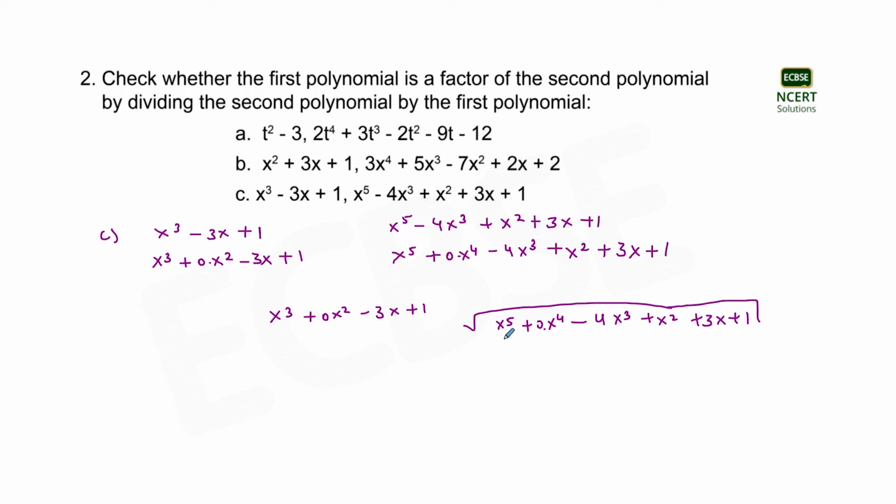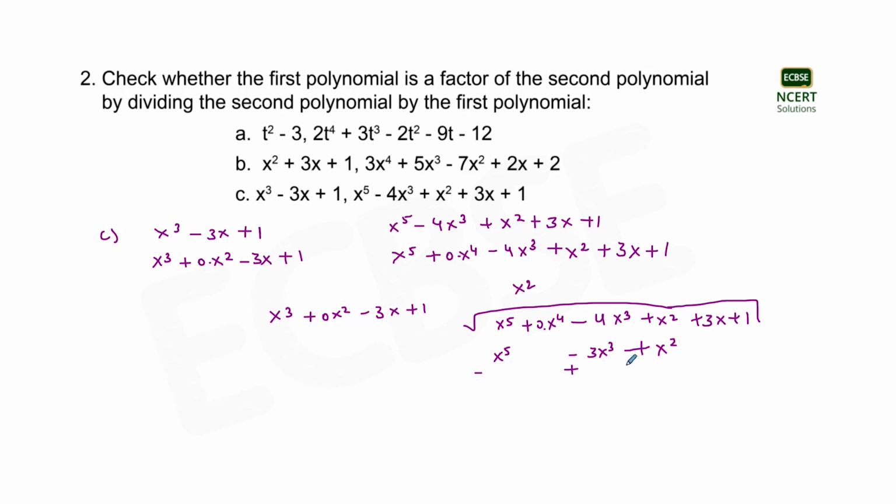So now dividing the first term of the dividend with the first term of the divisor, we will obtain x square, and on multiplying x square with the divisor, we will obtain the polynomial x raised to power 5 minus 3x raised to power 3 plus x square.